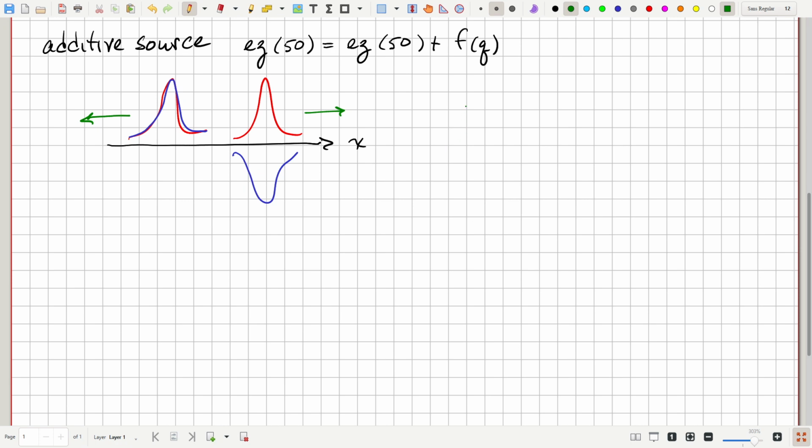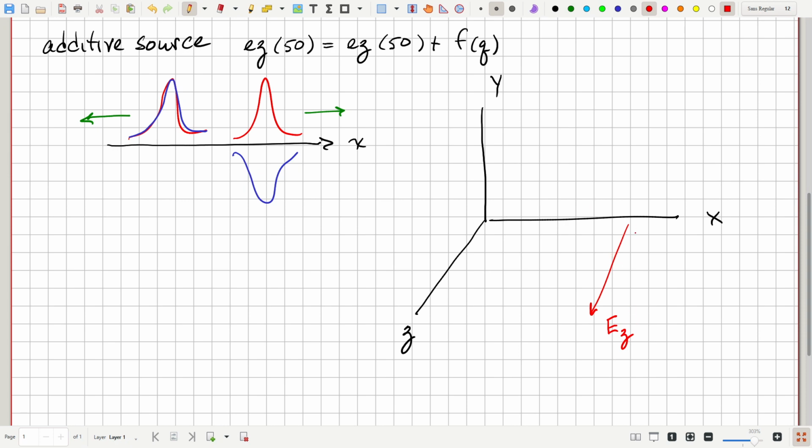Well, let's remember what these arrays, like EZ and HY, are representing. They're representing the magnitudes of vectors. So here's X, Y, and Z. And if we have a field propagating to the right along the x-axis, remember that would have, say, a positive EZ component, and this is representing a plane wave.